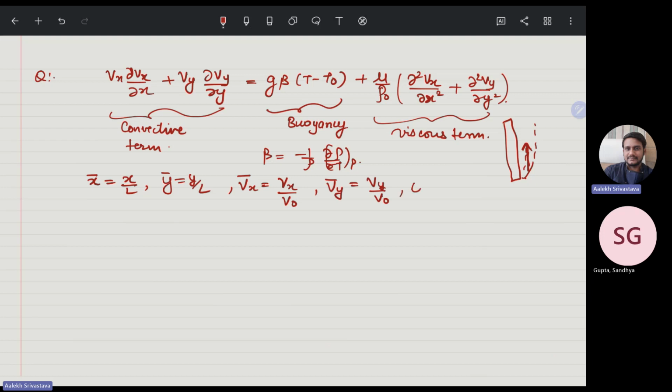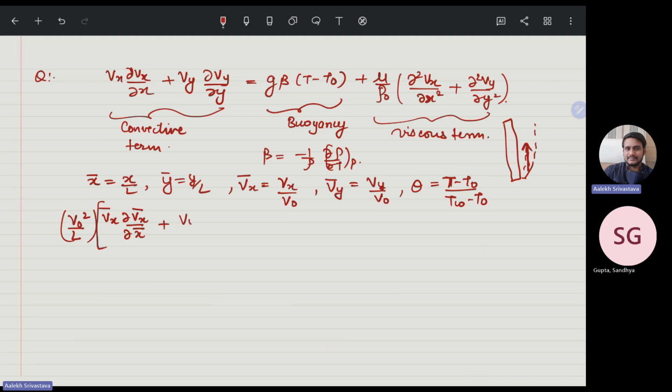Now because here we have a temperature, we will write temperature in terms of a non-dimensional variable, and we will substitute each of the terms in this equation. If I substitute it, what you will get is V0 square by L, Vx bar del Vx bar by del x bar, so this is the first term, plus similarly the same term for the y direction.